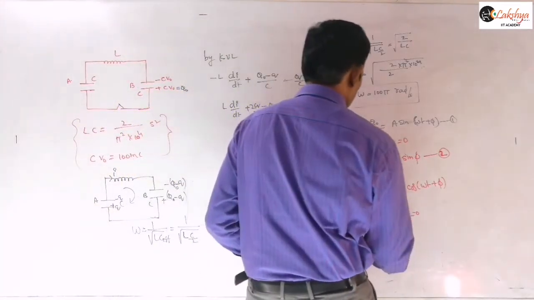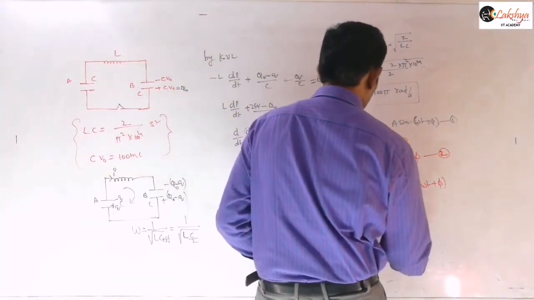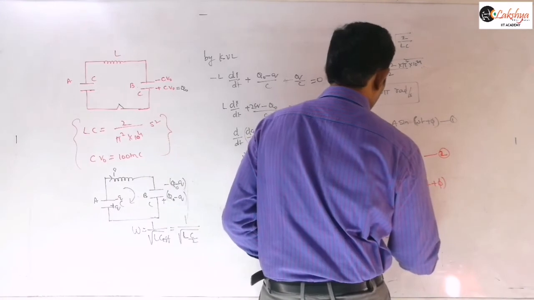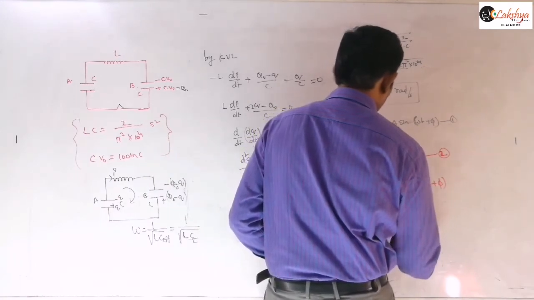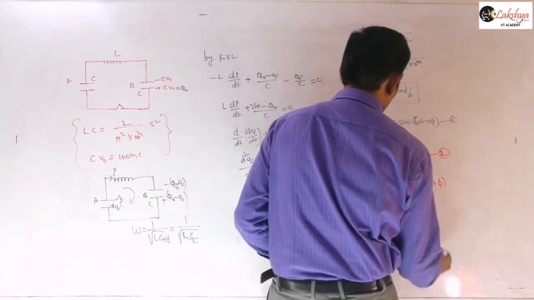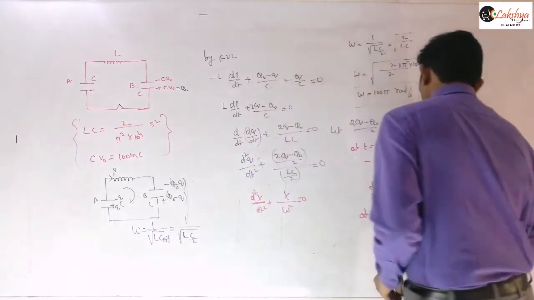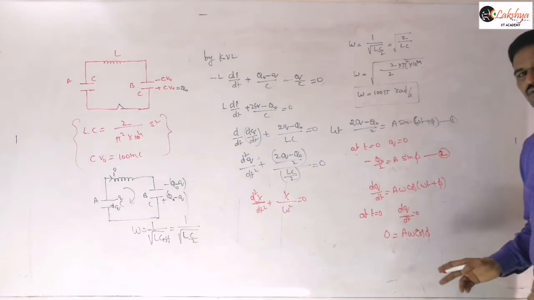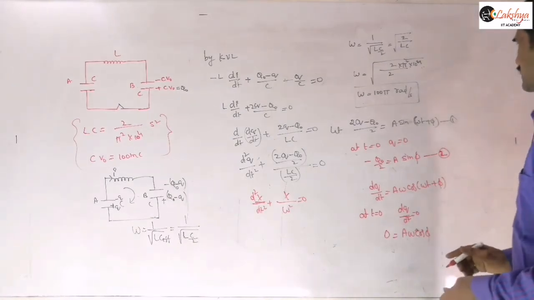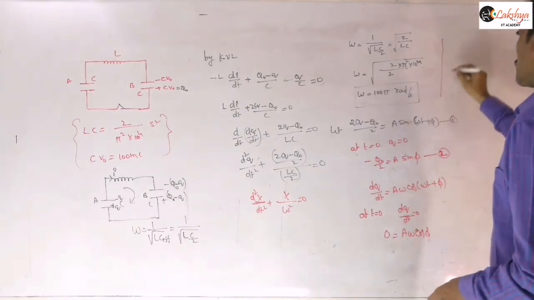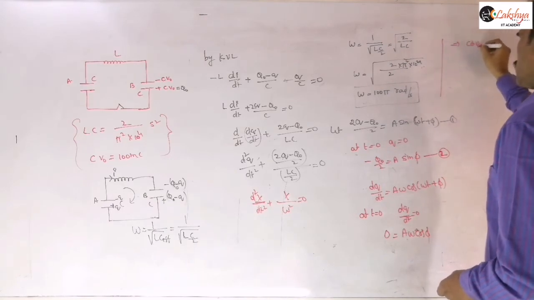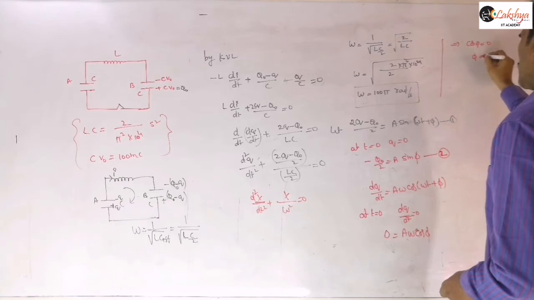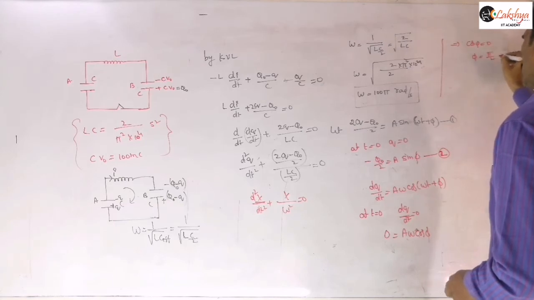Therefore this 0 is equal to A omega into cos phi. Cos phi you will get. And from this now we can calculate this cos phi value, that means phi value you can calculate, and so from that A value you can calculate there. So that implies we can write that cos phi is equal to 0, and so this phi is equal to pi by 2 now we can write.